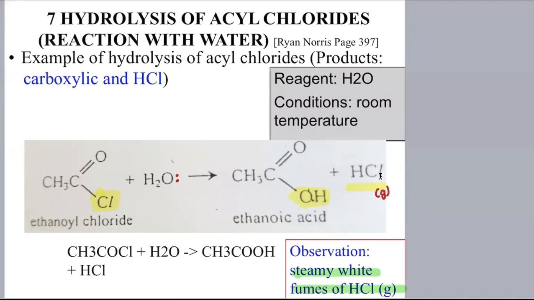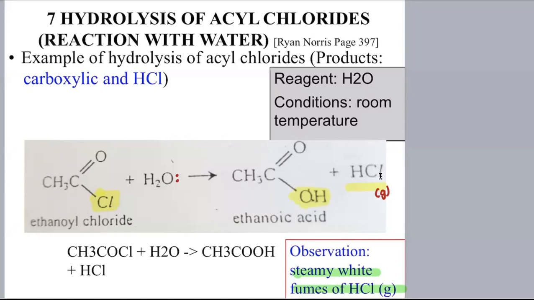Basically, for carbonyl compounds, aldehydes and ketones, the mechanism is called nucleophilic addition. You may think that it makes sense, because you have a double bond, so you can add things to the C double bond O. But for acyl chloride, the mechanism is called nucleophilic addition-elimination.